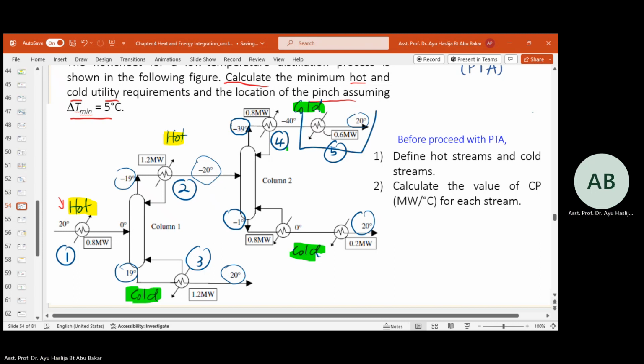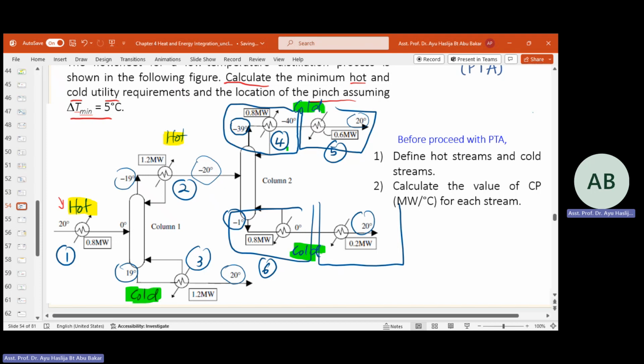Now here, -1 to 0, stream 6. 0 to 27. Okay, so that's how you number the involved streams for the heat exchanger network later on.